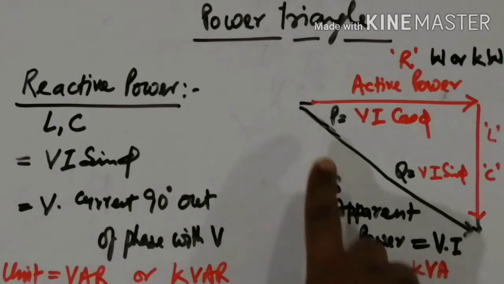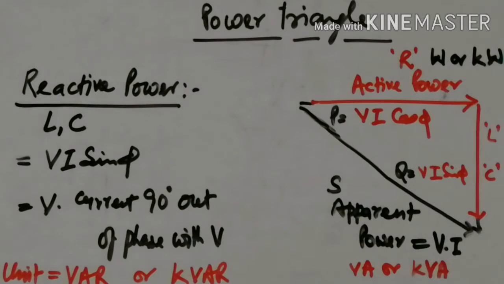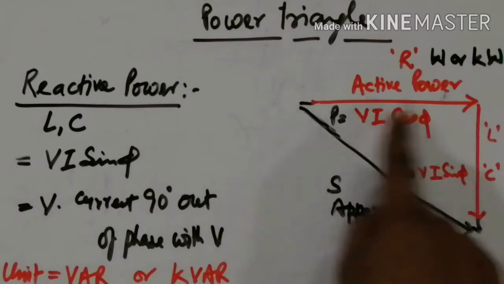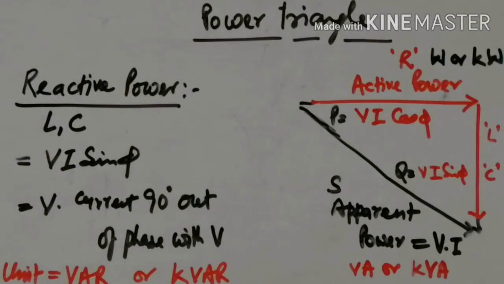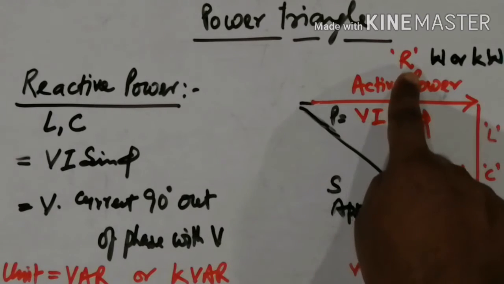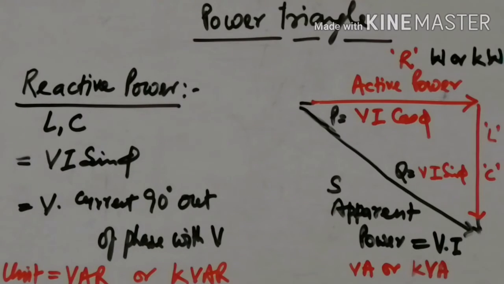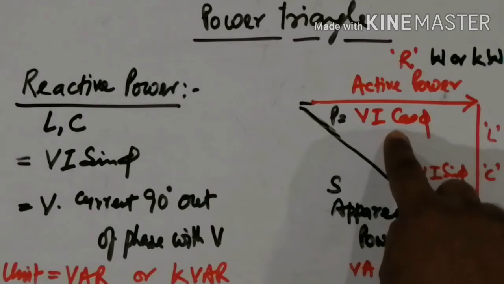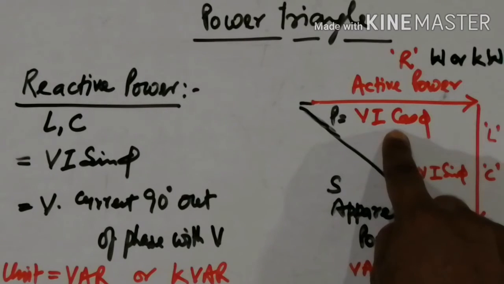I'm repeating, this one is the active power, which is actually consumed in the circuit due to the element resistance, and there is no consumption of power in the circuit by the reactive part. It is just circulating power known as reactive power due to the components L and C, and it is VI sin phi, and this one is VI cos phi.